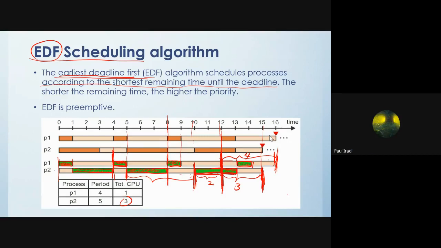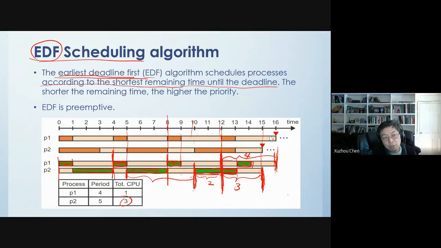Wouldn't EDF be more, I guess, practical? Since you have the deadlines coming up first, you don't have a program that has one more time unit to finish the job getting cut off by like 5 other programs with higher priority. I think both scheduling algorithms are very practical, but EDF is, I can say, more reasonable, it should be better, right?